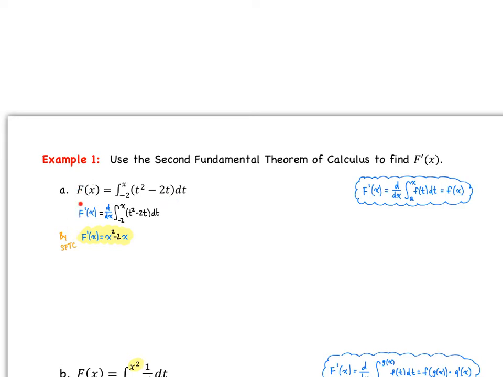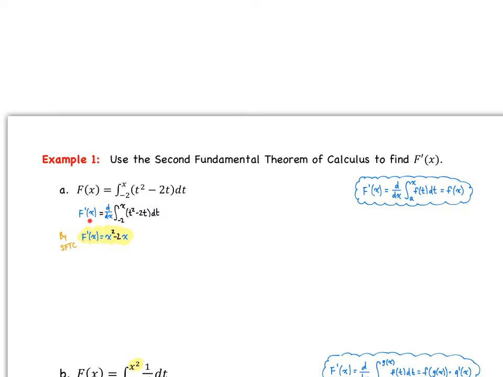So we want to take the derivative of the left side, which means we want to take the derivative of this integral. Taking the derivative of this integral, I notice that we're integrating from -2 just to x. Remember, that portion of the second fundamental theorem of calculus says f prime of x is equal to the derivative of the integral from a to x of f of t dt, which simply equals f of x.